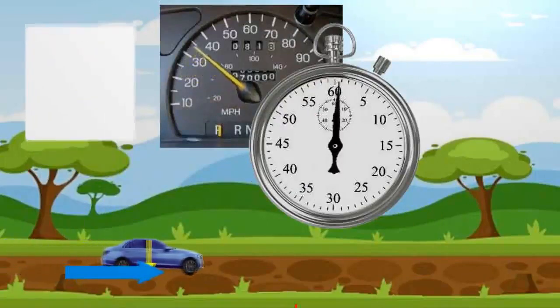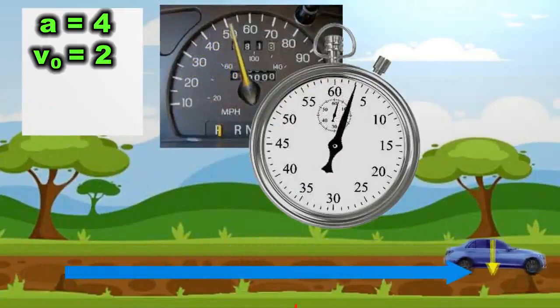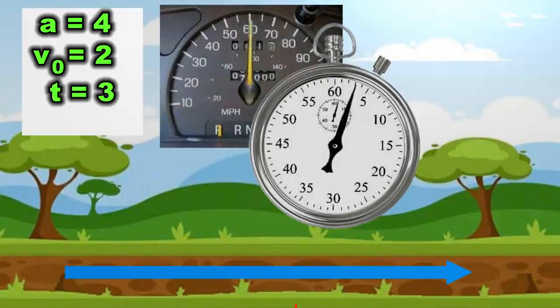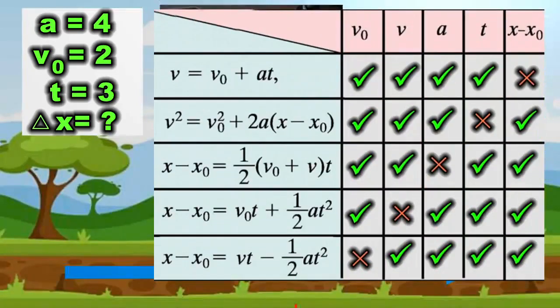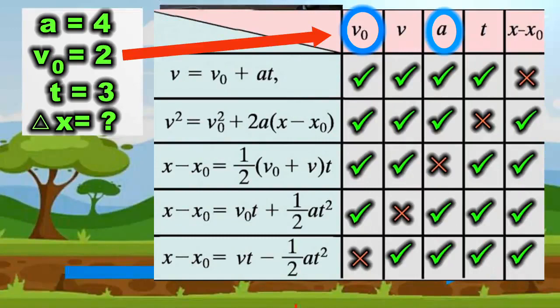A car moves at a constant acceleration of 4 meters per square second, at an initial velocity of 2 meters per second, and it moves for 3 seconds. How many meters can the car move during this period? Answer. The acceleration of the car is equal to 4 meters per square second. The initial velocity of the car is equal to 2 meters per second.